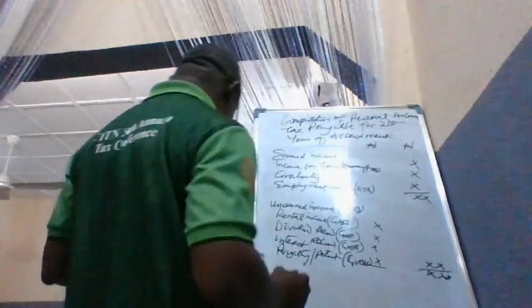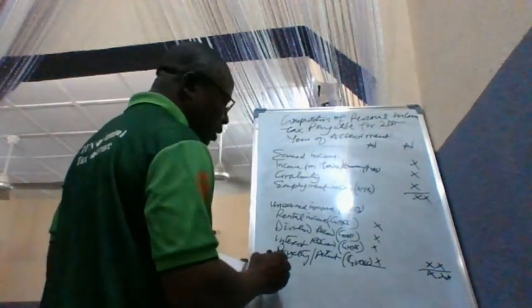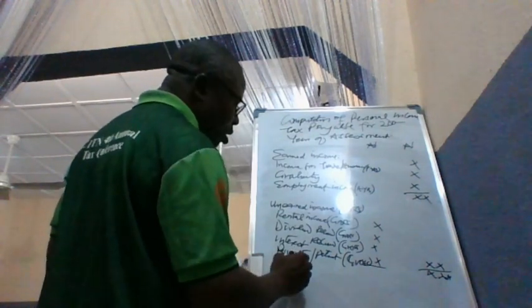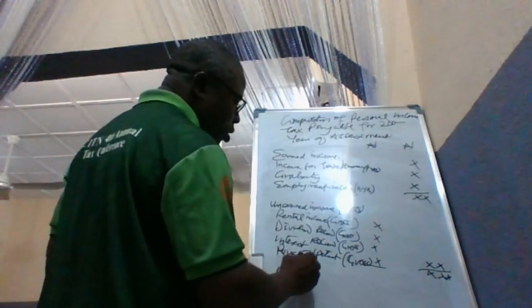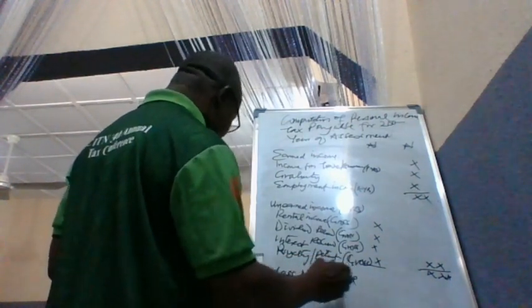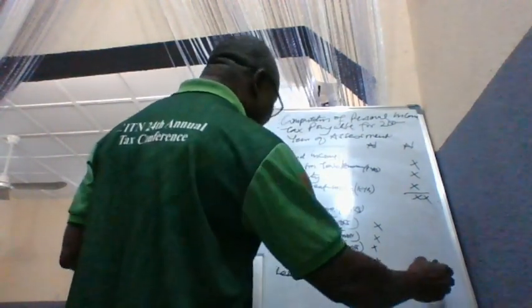Then the next one is for you to less non-taxable income. Less it from here.